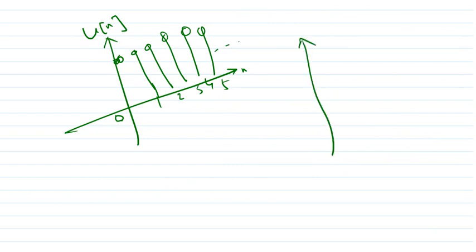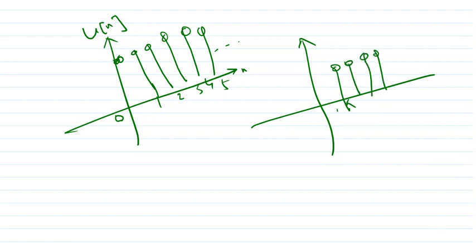Now if we provide some delay, it will start from k and so on. All these amplitudes are 1 only. So this is u[n minus k], this is n, this is 0.